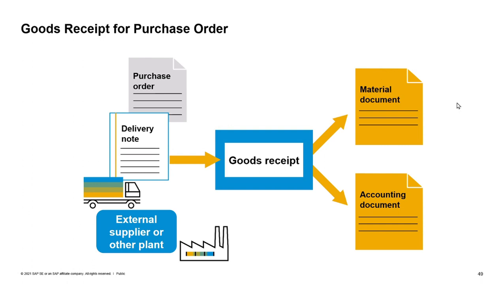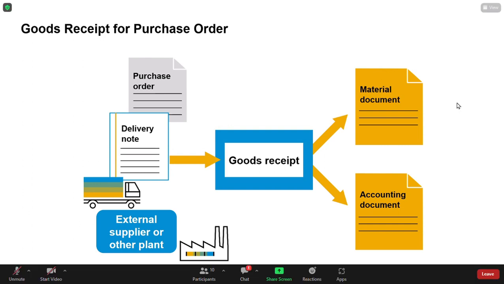Now, guys, big question to you. Do you think we are always going to have a material document? Yes. Thank you very much. And do you think we always have an accounting document? Uma, that's interesting. Why do you say no?